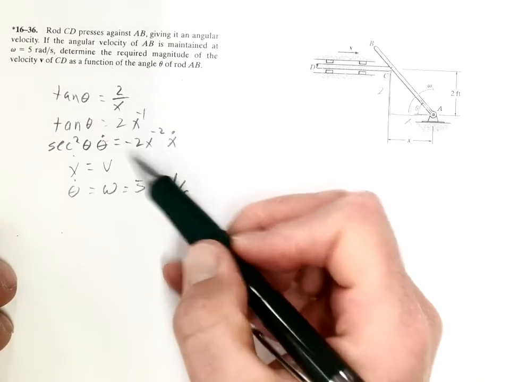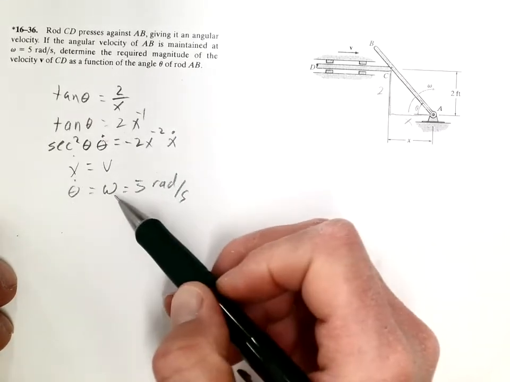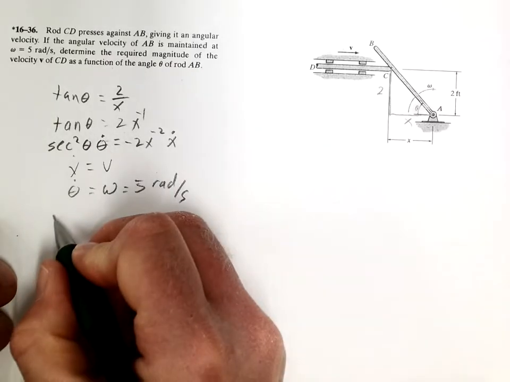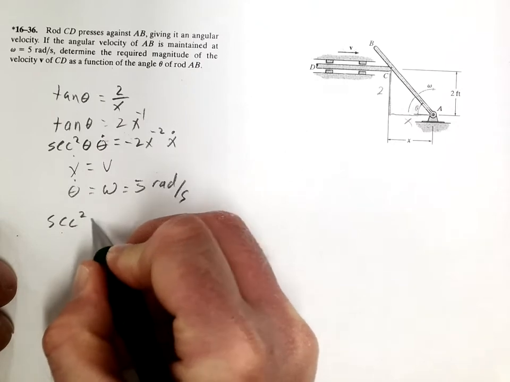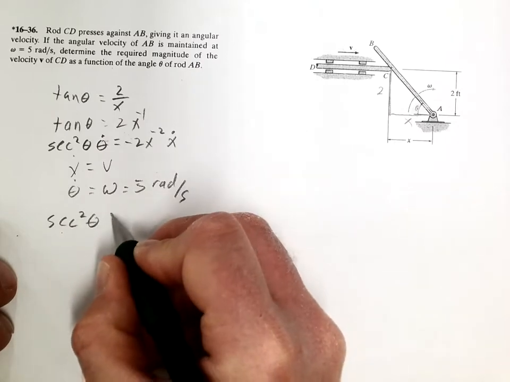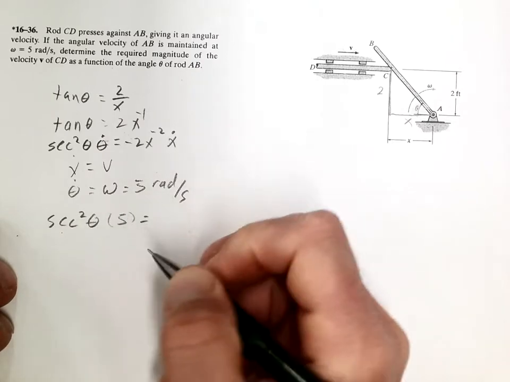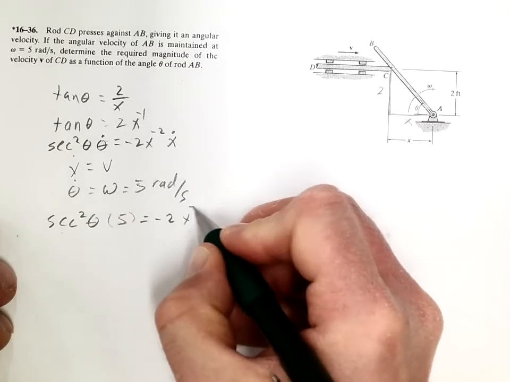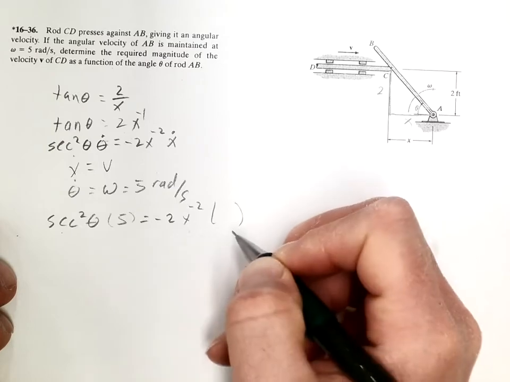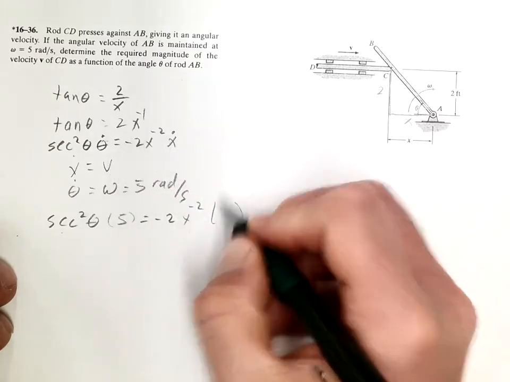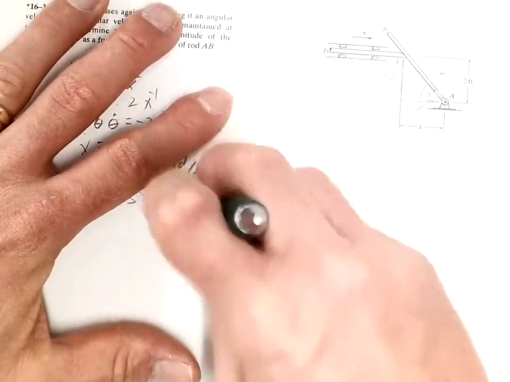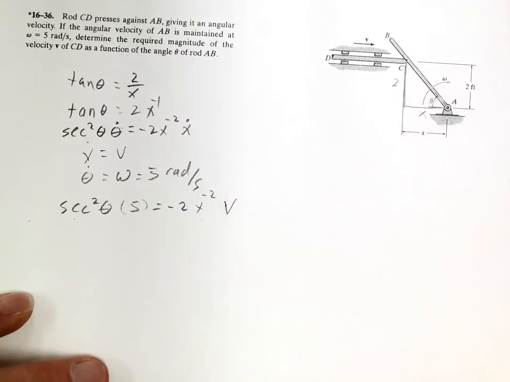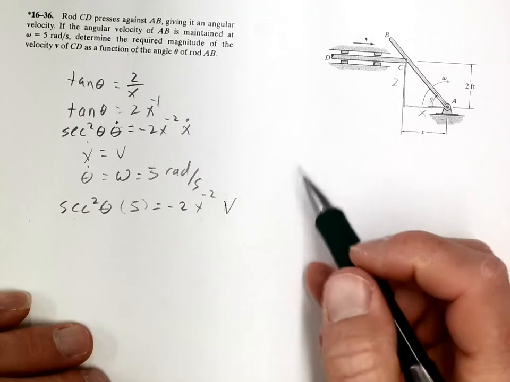So putting v and omega, or 5, into this equation, we have the secant squared of theta times 5 is equal to negative 2 x to the negative 2 times v. Okay, so there is our derivative.